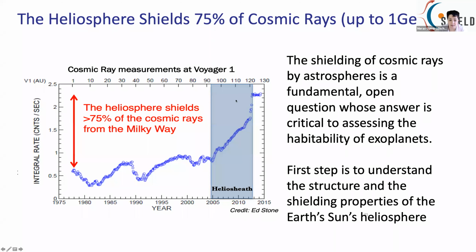And you can see that in this plot of the intensity of the galactic cosmic rays. You can think about time or distance to the boundary, but you can see that the intensity varies with time. This variation is due to the solar cycle, and Joe is going to tell you all about that.